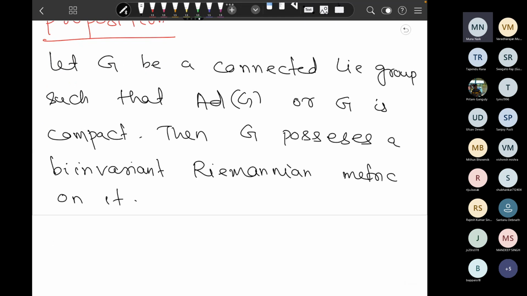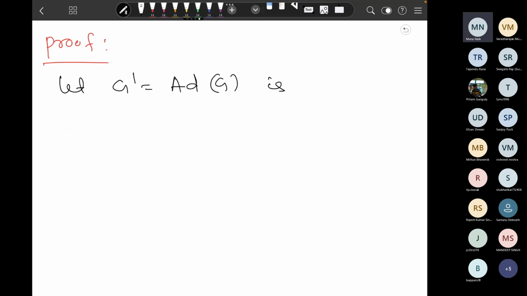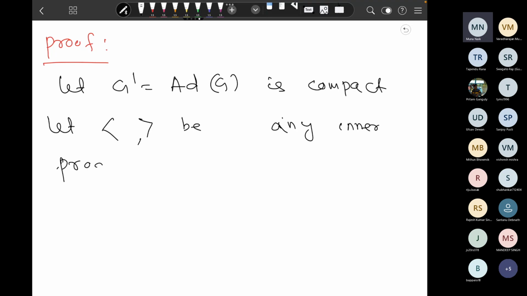I think this is easy, because you just average. Let G' be equal to Ad_G, and this is compact. Let this be any inner product on this tangent space.